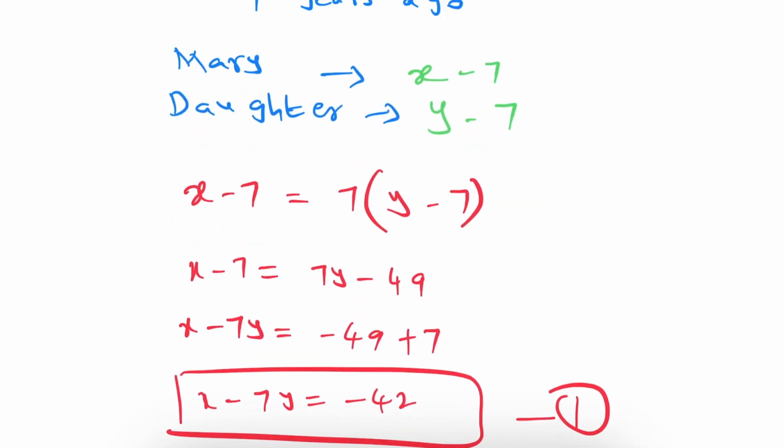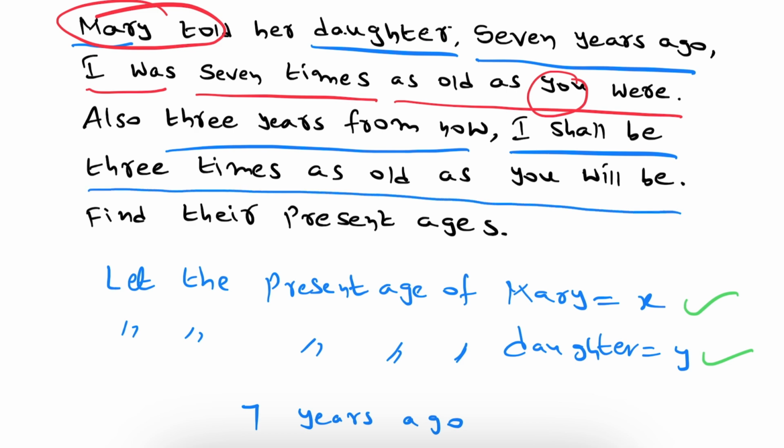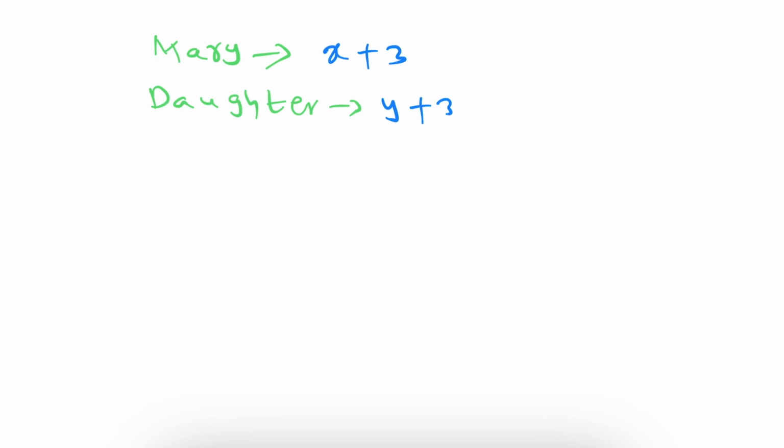Now what is the condition he said? After 3 years I shall be 3 times as old as you will be. So here Mary is speaking, right? So Mary shall be 3 times as old as her daughter will be. So Mary is X plus 3 equals 3 times her daughter.